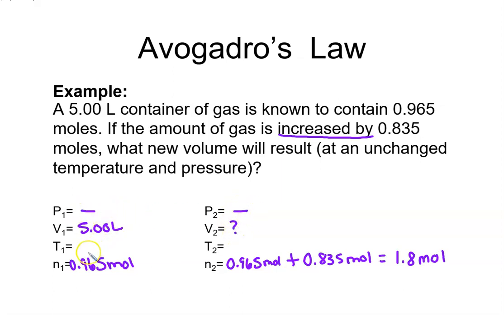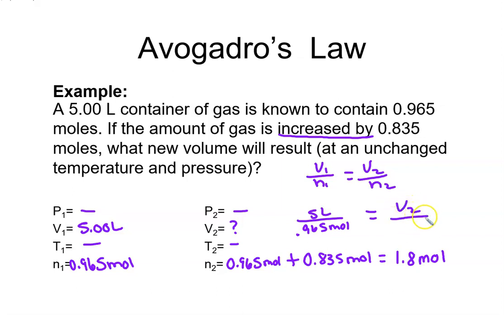We're keeping the pressure and temperature the same. So you've got V1 over N1 equals V2 over N2. You've got 5 liters on top and 0.965 mole on bottom. On this side, V2 over 1.8 mole.